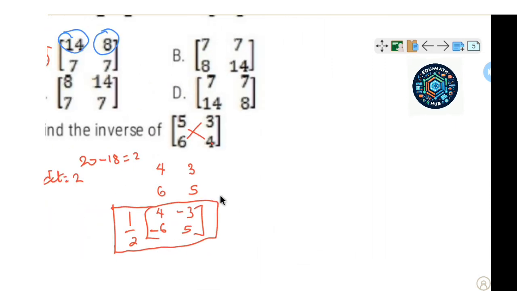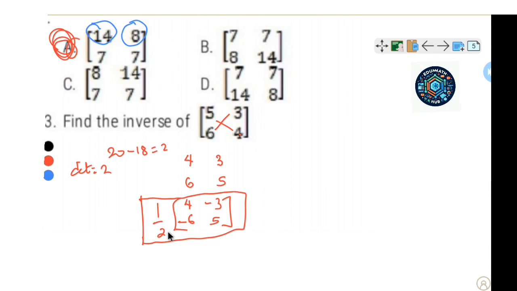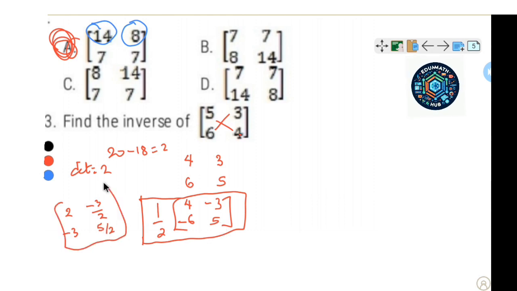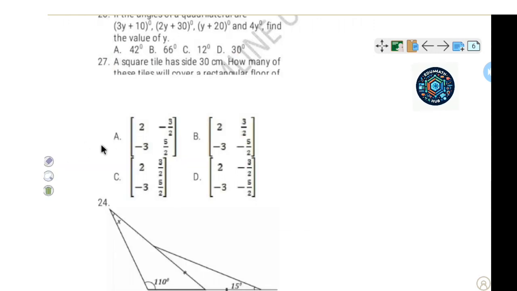If all these terms are divided by 2, 4 divided by 2 gives you 2. Minus 3 divided by 2 gives you minus 3 over 2. Minus 6 divided by 2 gives you minus 3. 5 divided by 2 gives you 5 over 2. Then you can look for this in the options. You have to check it very well. You will see that the answer is A. Option A is the answer.